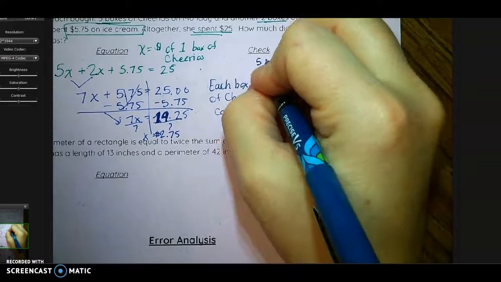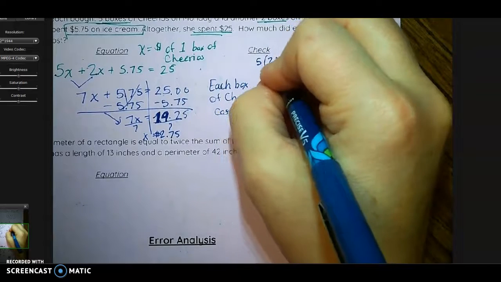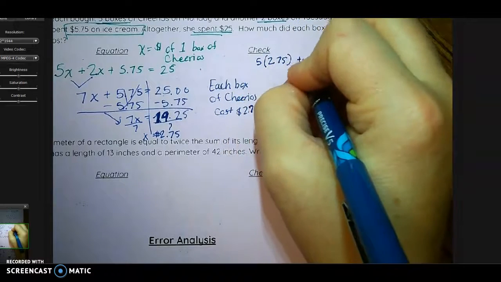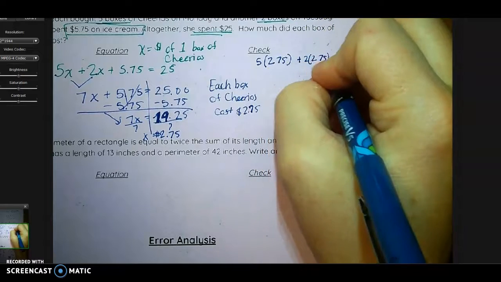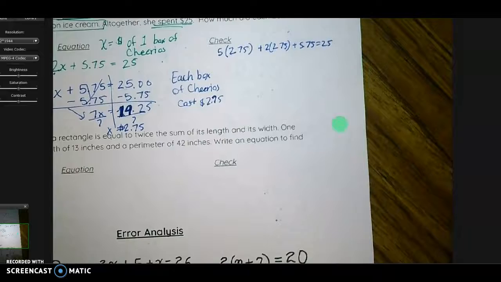When I go back up here, I would need to substitute that in to each place that I saw the variable.